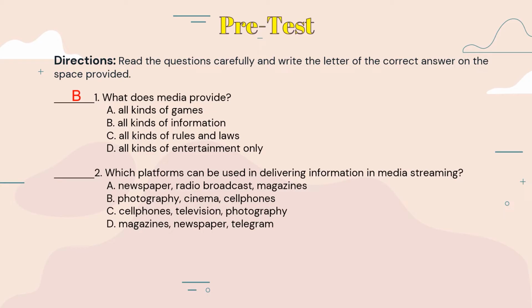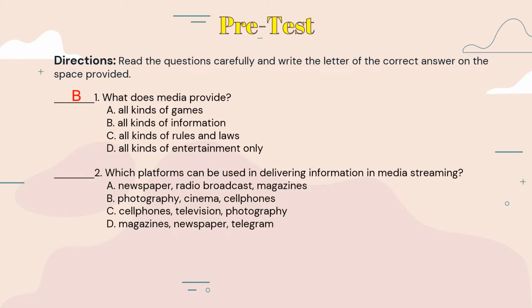Number 2, which platforms can be used in delivering information in media streaming? A, newspaper, radio, broadcast, magazines. B, photography, cinema, and cell phones. C, cell phones, television, and photography.